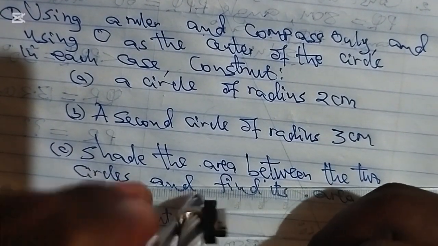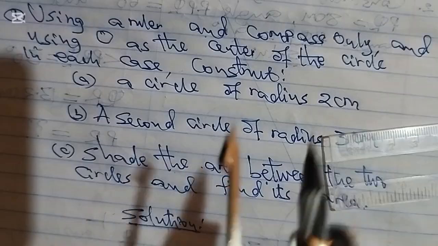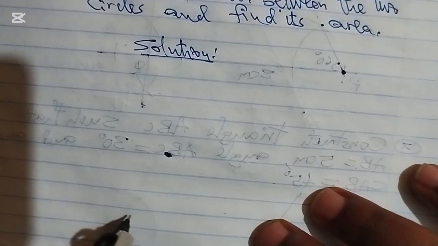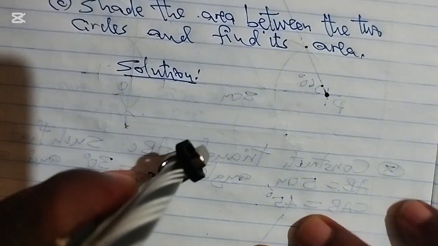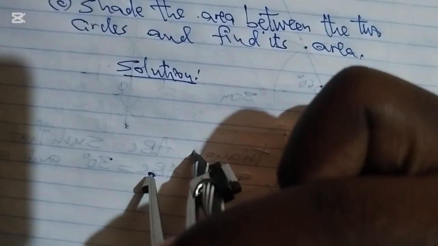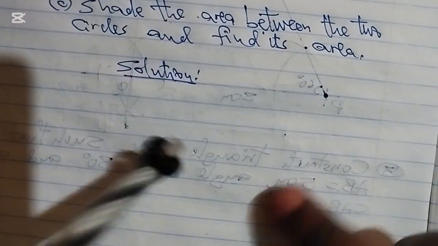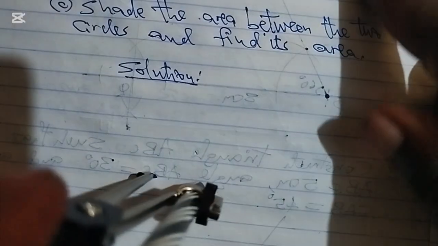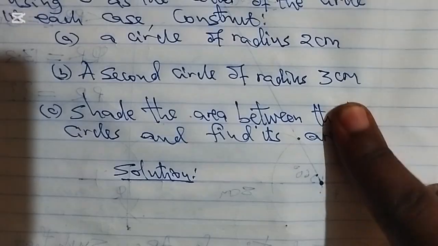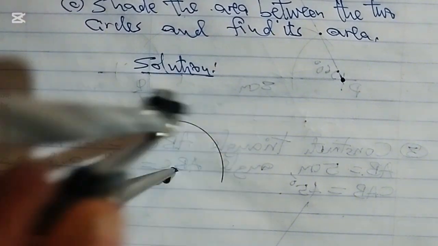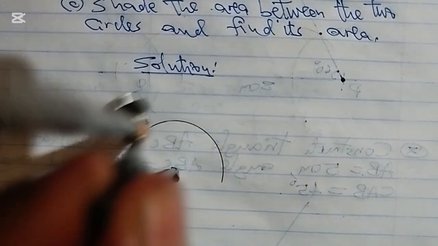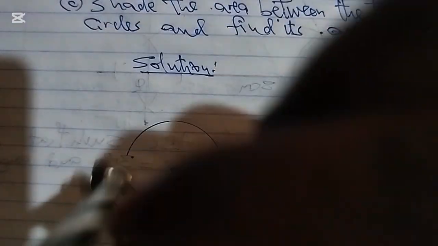With O as the center, I stand here at O. Remember, the radius should be 2 centimeters. So this is my circle with O as my center, meaning while standing at O, just draw your circle.